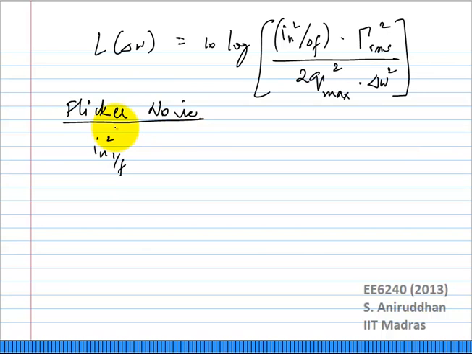The 1 over f noise goes as 1 over f, while the other broadband noise is flat noise. Between the two regions, you can relate the noise terms through the 1 over f noise corner, and you can write the 1 over f noise squared as In squared times omega 1/f by delta omega in the 1 over f noise region.